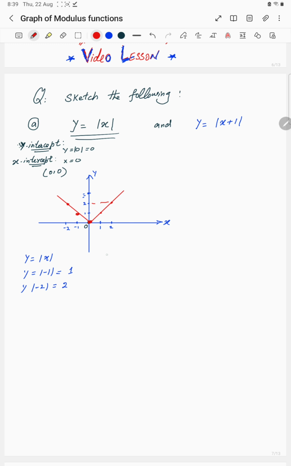And you can see if you draw the line y equal to x, then this line will proceed here. But as it is a modulus function, we will discard this line below the x-axis. Similarly, the reflection is y equal to minus x, and the line will proceed like this. But because of the modulus function, modulus of y equal to minus x equals plus x.